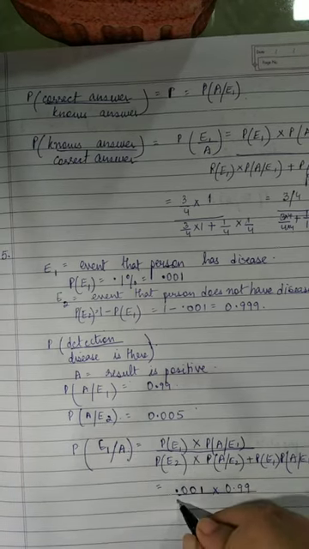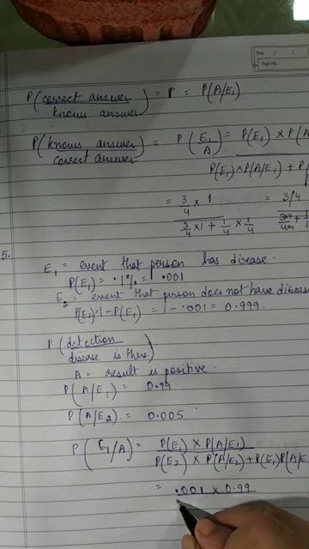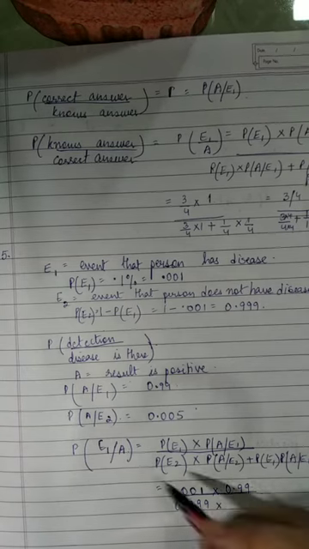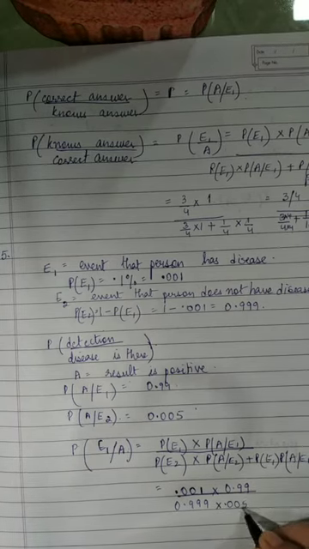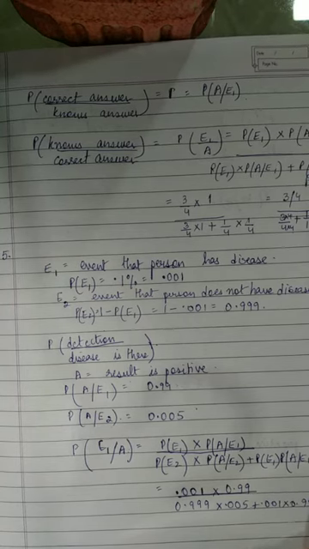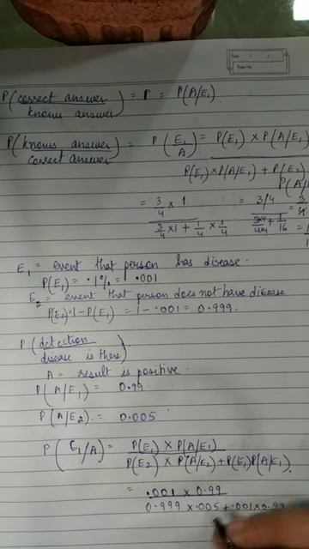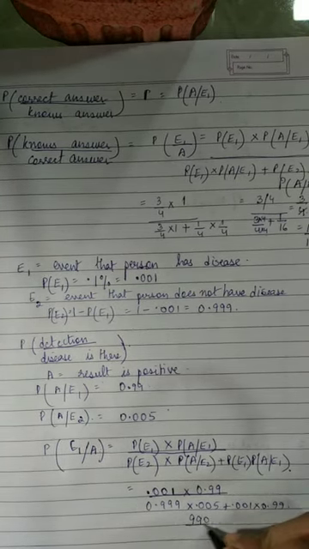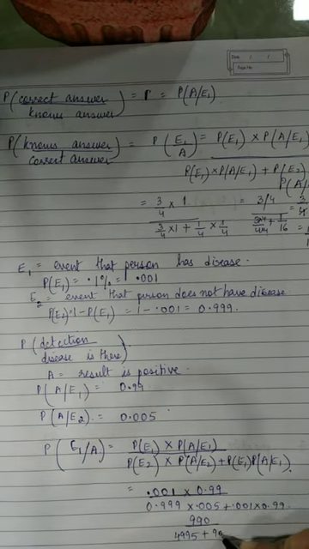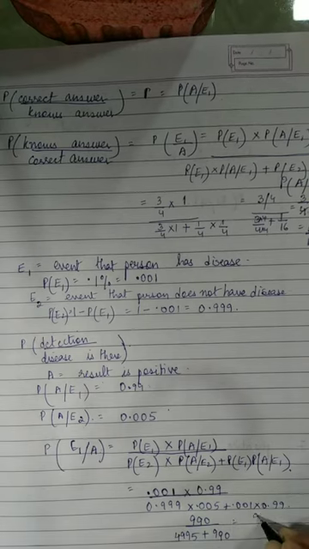This is again P(E2), which is 0.999 into P(A/E2), 0.005 plus 0.001 into 0.99, right? So this is, let's say, 990 upon 4995 plus 990, right? So we can further solve it.